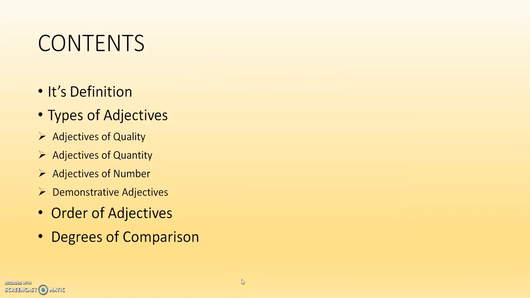In this lesson, we are going to learn the definition of adjectives, what are adjectives, the different types of adjectives, that is, the adjectives of quality, quantity, number, and demonstrative adjectives.